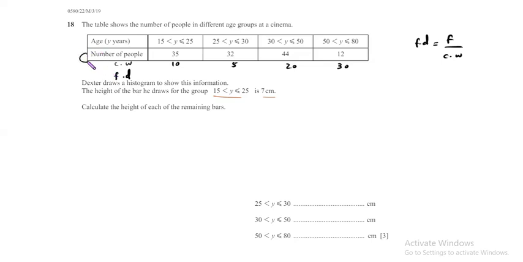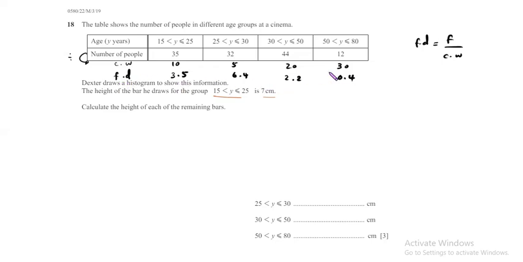So this number of people, which is the frequency, should be divided by the class width, which means this 35 is divided by 10. So we get 3.5. 32 divided by 5, we get 6.4. 44 divided by 20, we get 2.2. 12 divided by 30, we get 0.4.